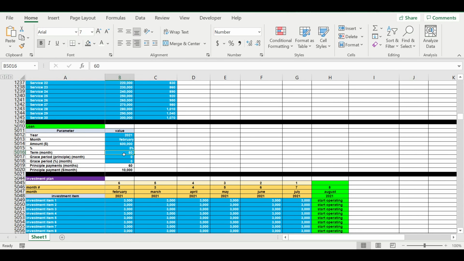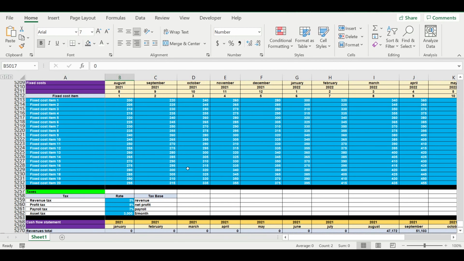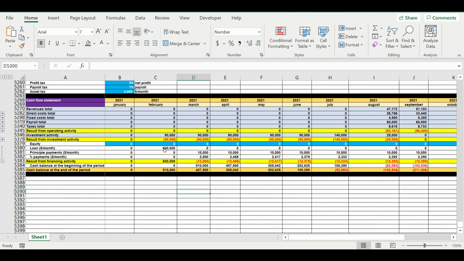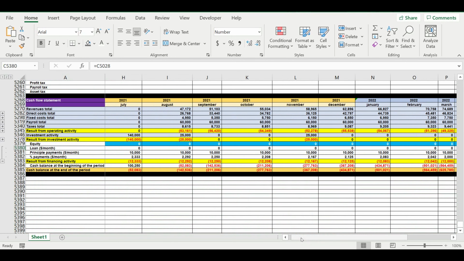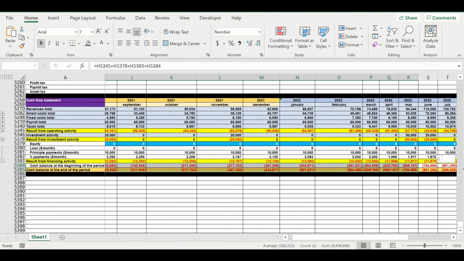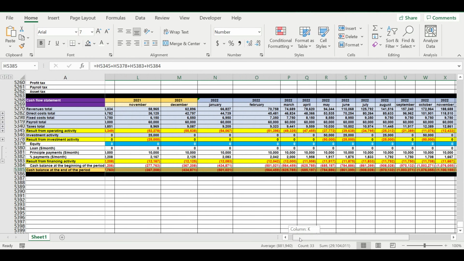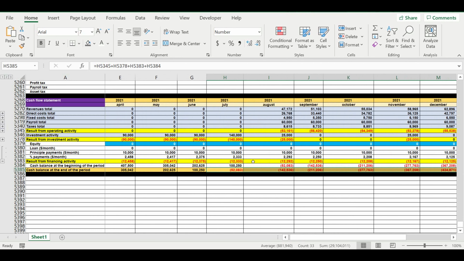So this will be the term of the loan, interest rate, grace period for interest and principal payments. Then back to the cash flow statement, here we can see the loan. Then we can also see some months with negative cash balance. So we just add our money to the amount of loan that we have already taken.